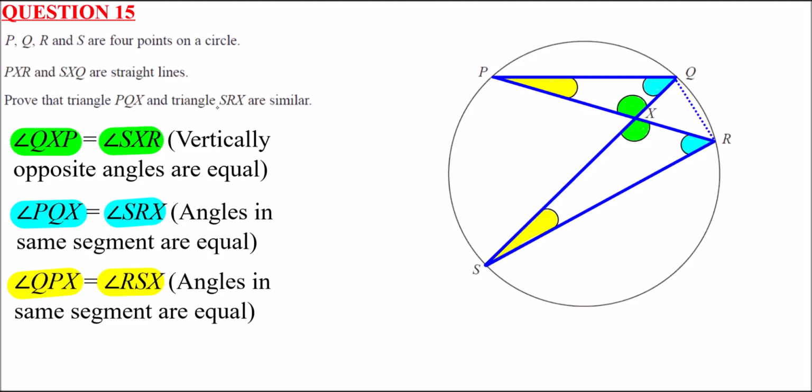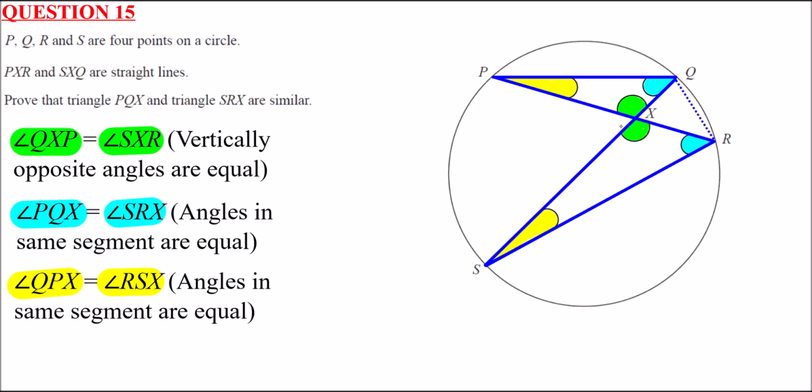So to show that two triangles are similar, all we need to show is either A, one is an enlargement of the other, but we're not told any sides, so we can't go via that route. The second way that two triangles have to be similar is if all the angles in the triangles are the same. And that's what we've proven.